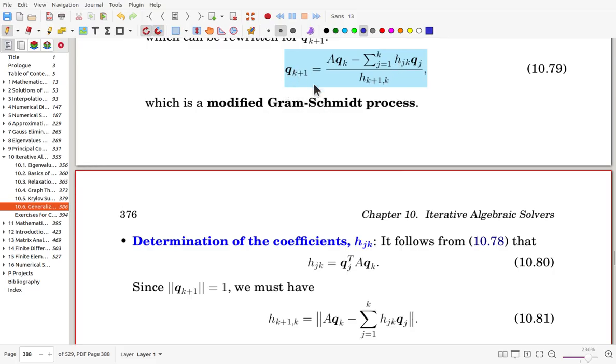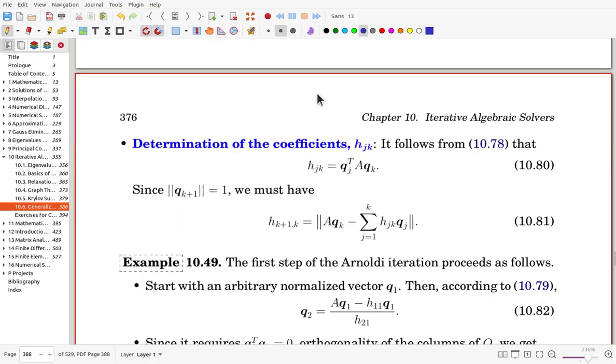So we finished the computation of these terms, and now we found the new vector qk plus 1, right? In this way, recursively, we construct hk and qk plus 1 so that we can finish the computation.